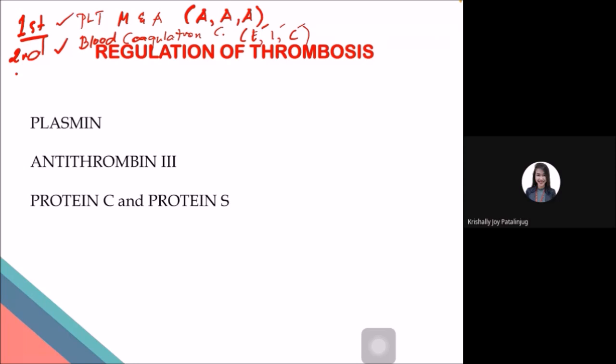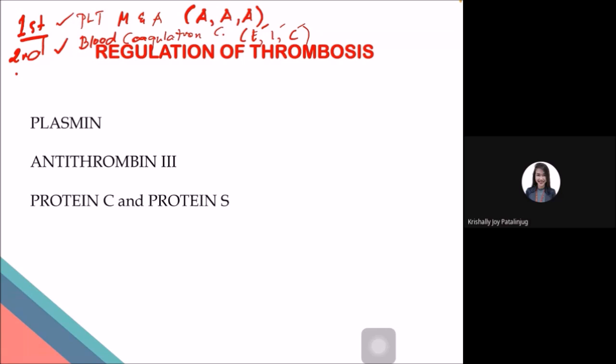Okay? Regulation of thrombosis. Regulation, it means if there is total healing already on that injured part sa body, it requires the blood clot to be removed already. Okay, healed naman, no? So, yung clot must be removed, must be degraded already.